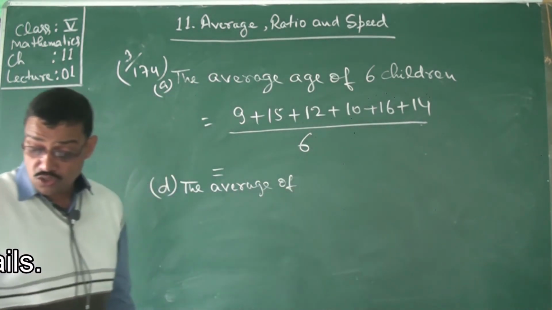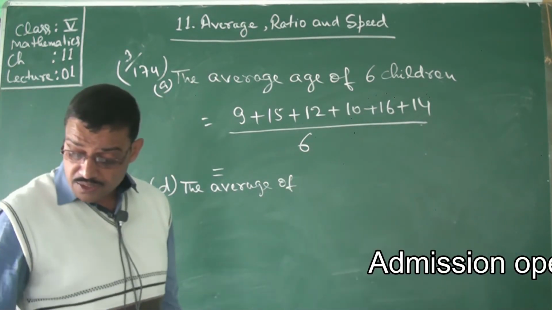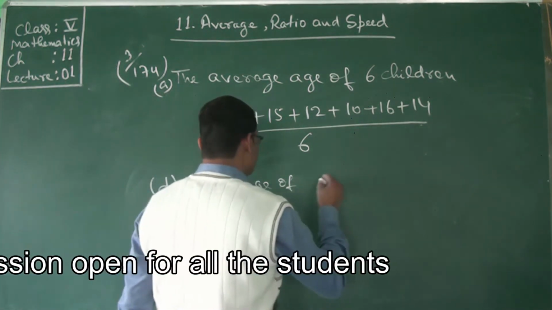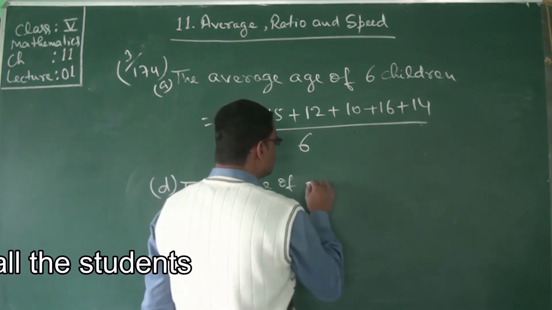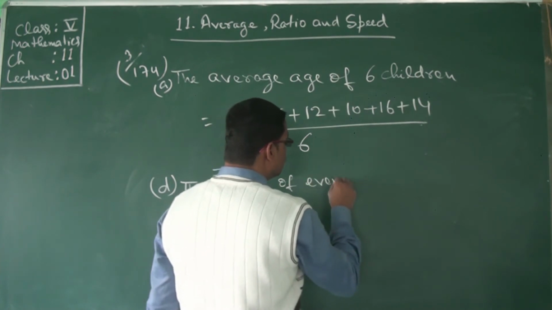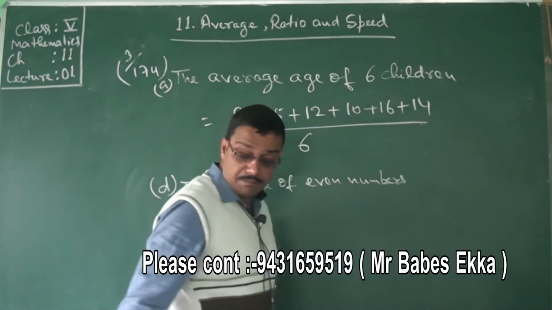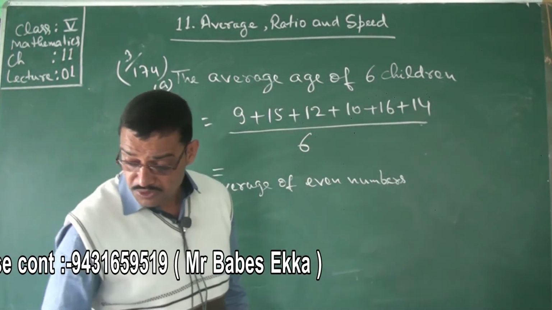the average of even numbers first. Let us take even numbers between 10 and 24.